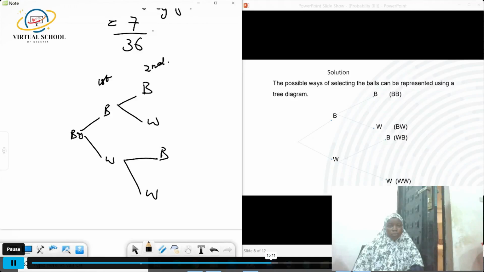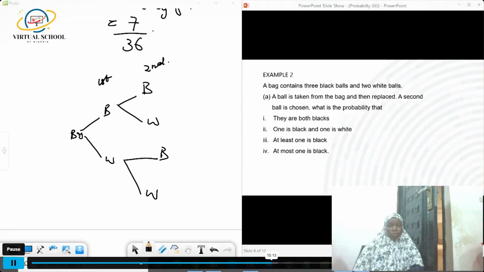Now from here, picking a black ball, how many black balls do we have? We have 3 black balls. So this one will give me 3/5. This one still gives me 3/5. Now this, picking a white, we have 2/5. This still gives me 2/5. Now picking a white here, I'll still have 2/5.